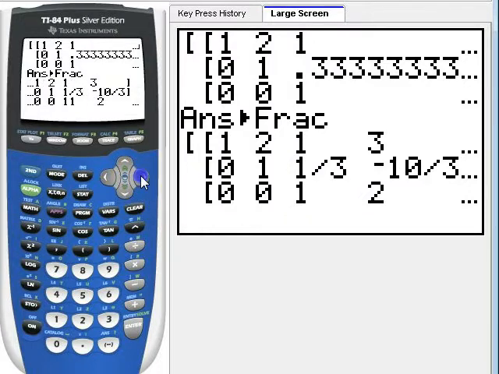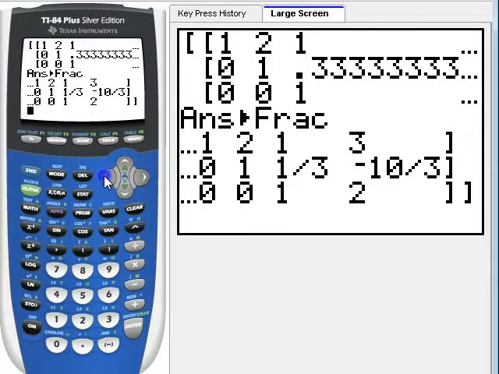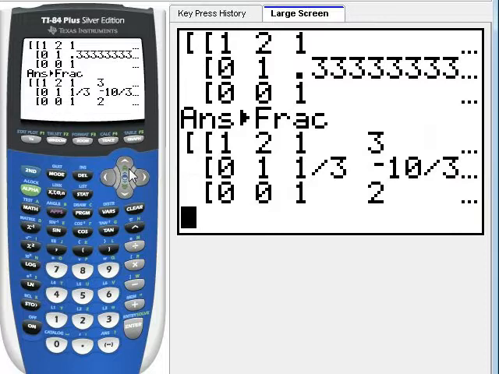So the calculator can do it all in one shot for you also. But we're practicing row operations because you probably won't have a calculator at all on the test. And we're going to practice doing row operations with the calculator.